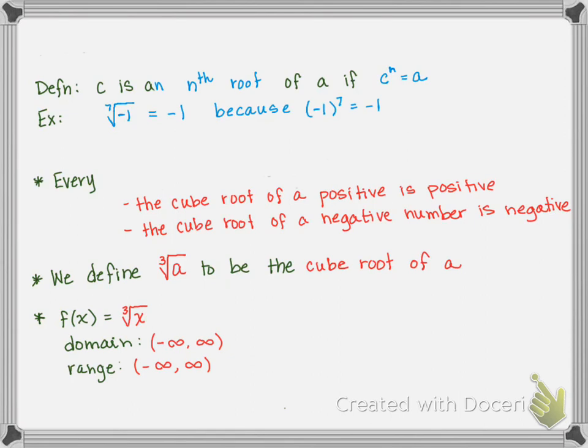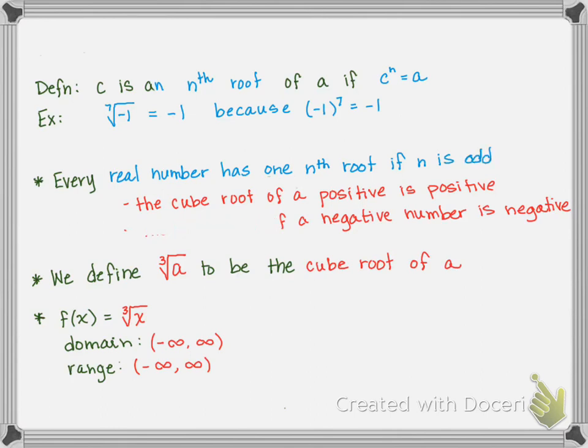So every real number has one nth root if n is odd.